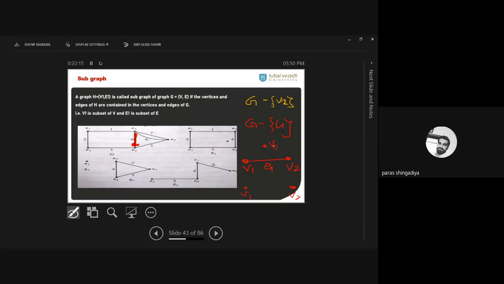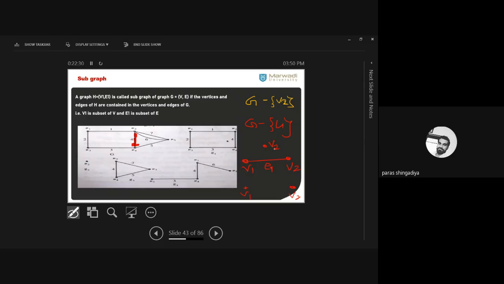Only V2 will be there. Only V2 will remain. When we delete V1, the edge attached to it is also deleted. And the remaining part is only the second vertex. So when we delete any edge, the end vertices remain as they are.